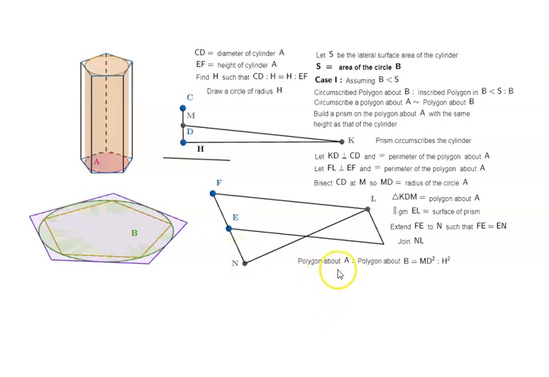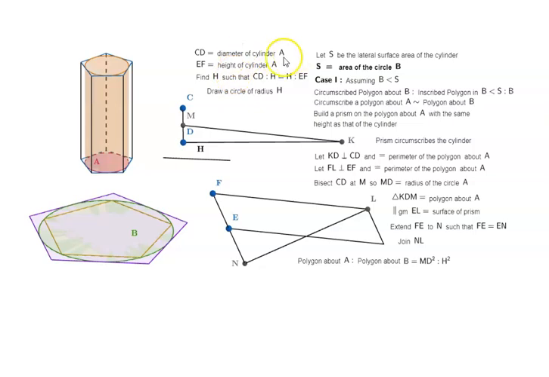So polygon about A is to polygon about B in duplicate ratio of their radii. So polygon about A is to polygon about B is equal to MD square is to H square, because MD is the radius of the circle here.